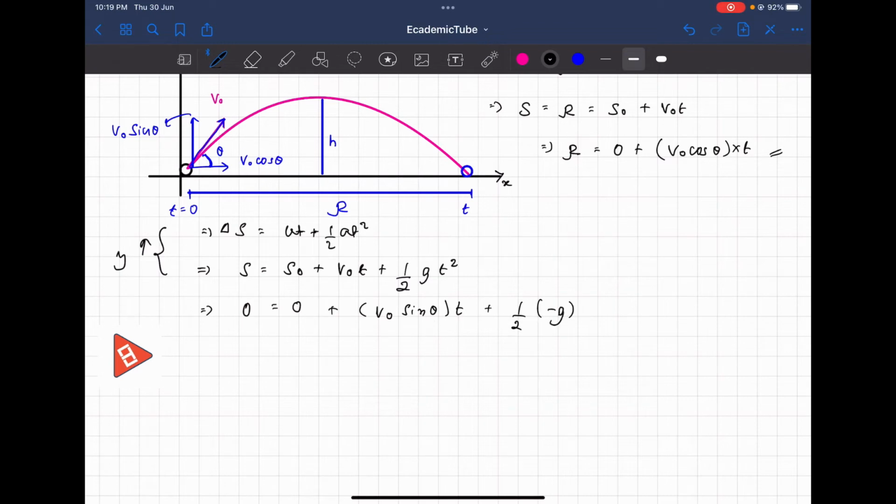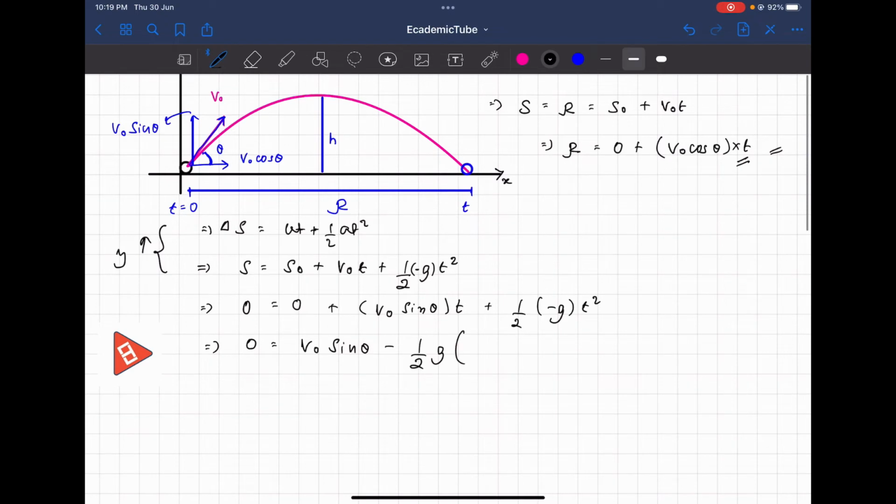Gravity is in the negative direction, so we write negative here. From this we get 0 is equal to v naught sin theta minus half g, and from here we can put the value of t.